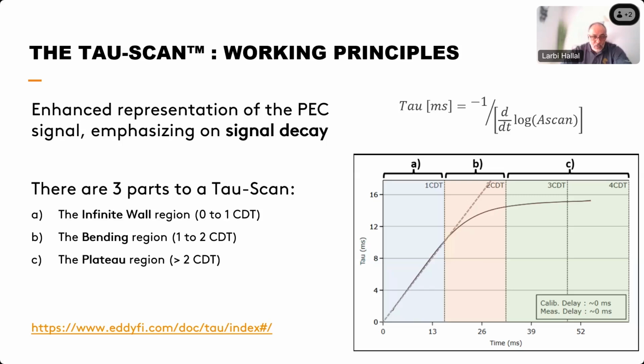And above 2 CDT, you have what we call the plateau region. Looking closely at the infinite wall, the bending region, and the plateau region will help during data analysis, differentiating or understanding the signal better to make the difference between a real corrosion, a real wall loss, and something that can be induced by other interfering components, for example.